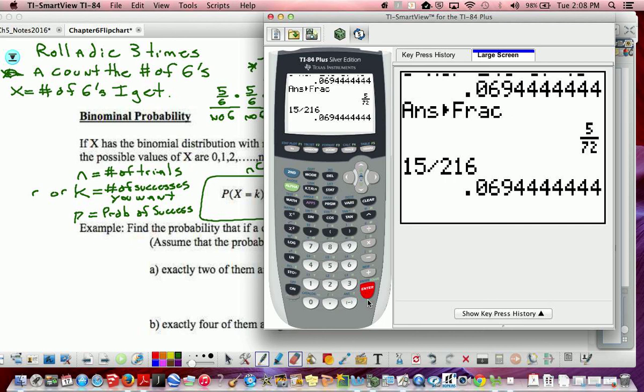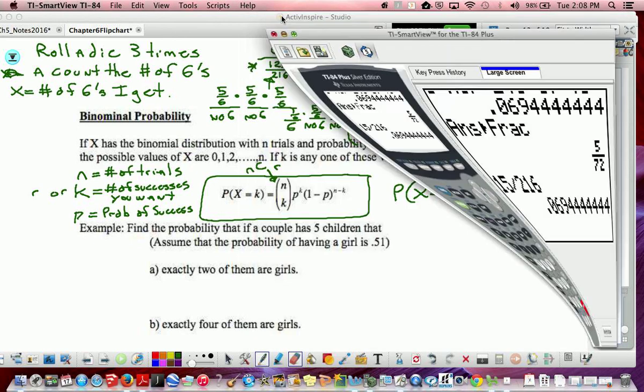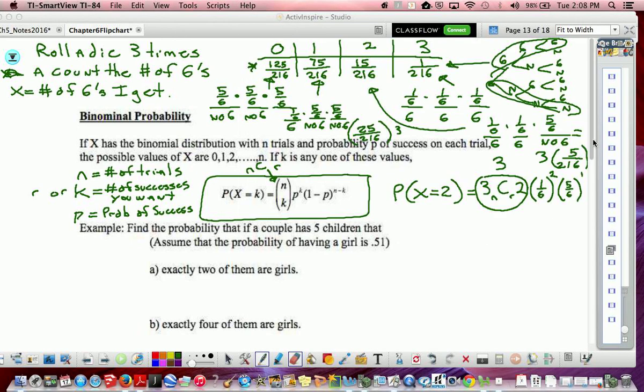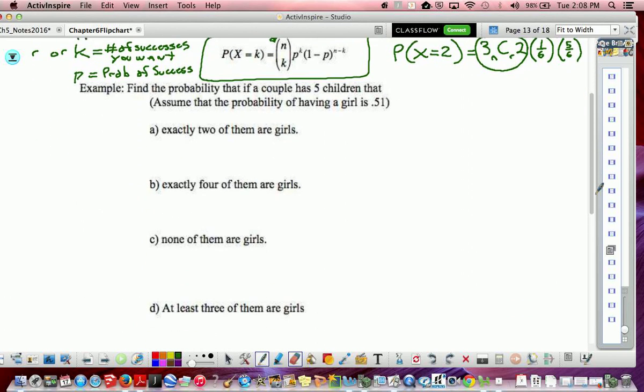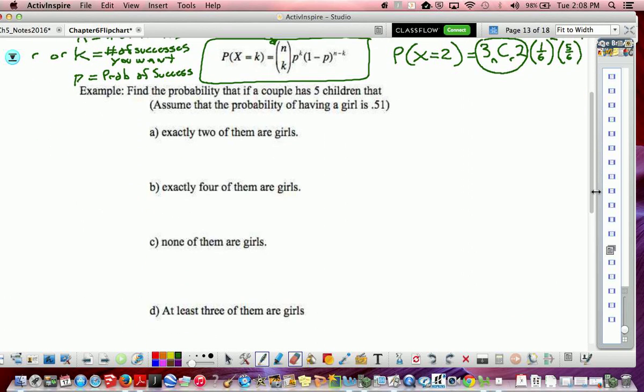Can we do it that way instead of writing it all out like that? Yes. So how we can start doing these problems is by using this formula, I just wanted to show you specifically how the formula works. The key things you want to identify are N, P, and K. Here's a very basic example.